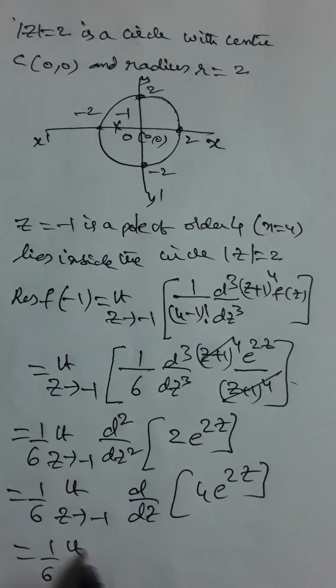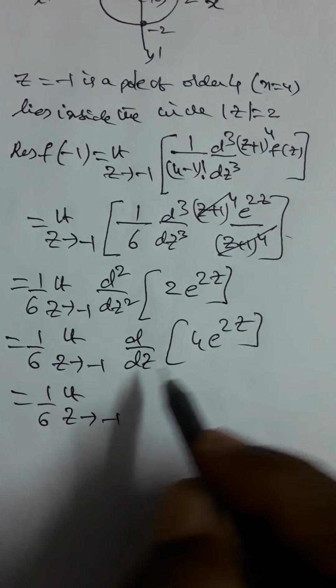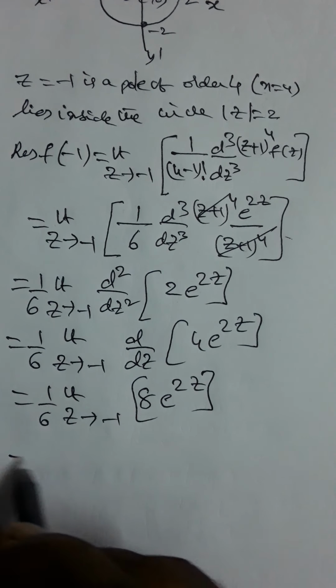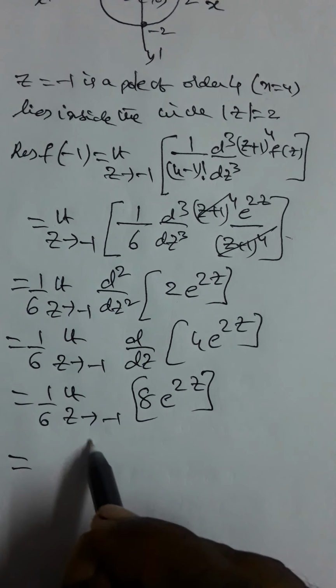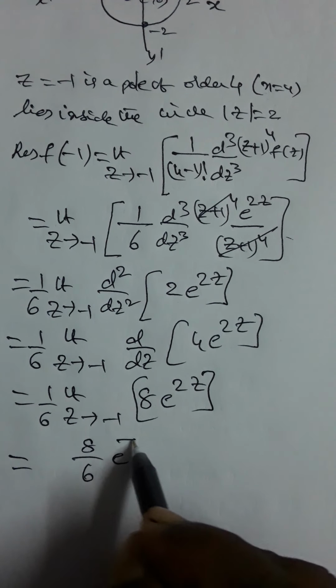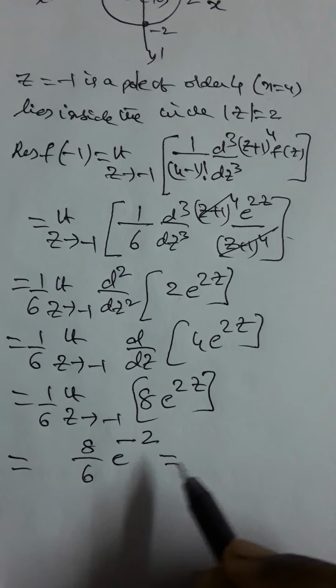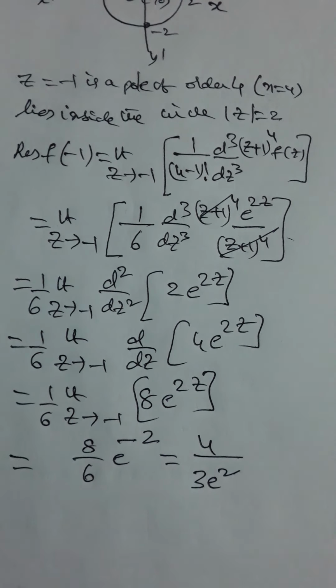Again derivative, 2 into 4, 8e^(2z). Now substitute z = -1: 8/6 e^(-2). So 4/(3e^2).